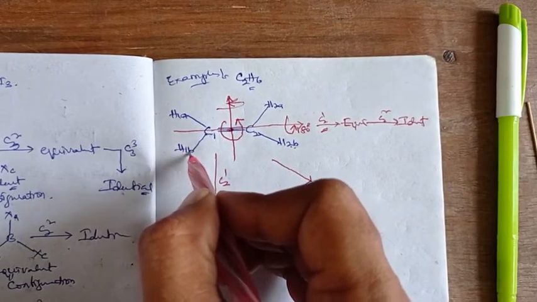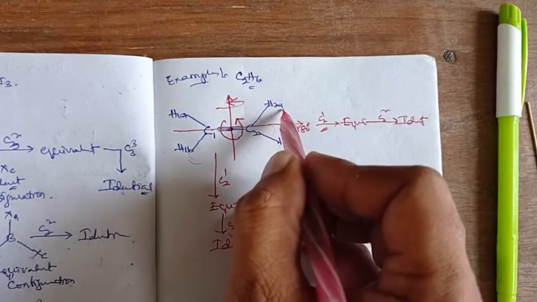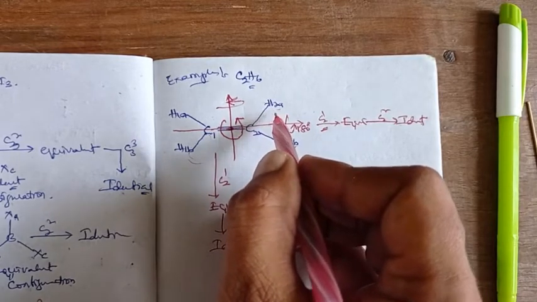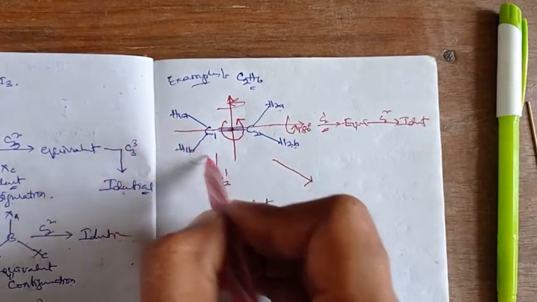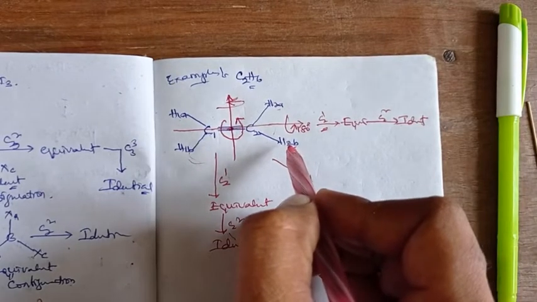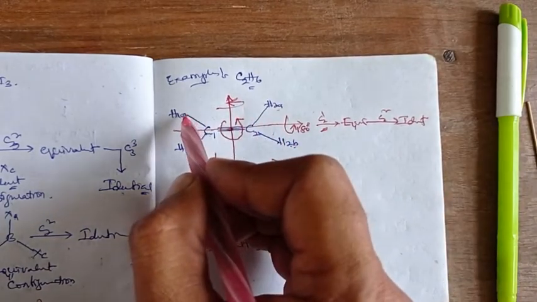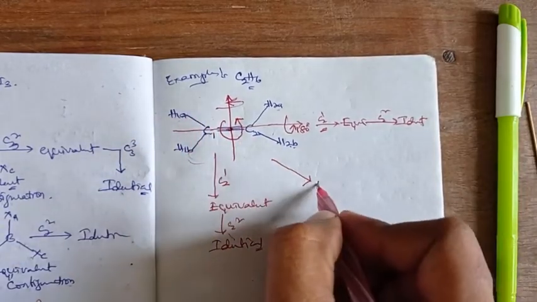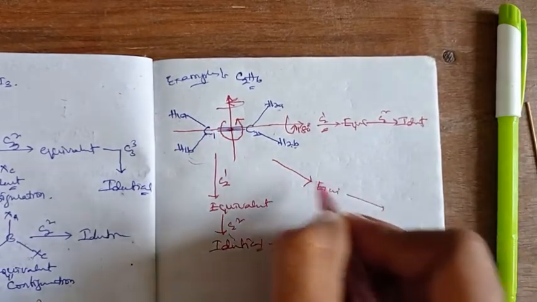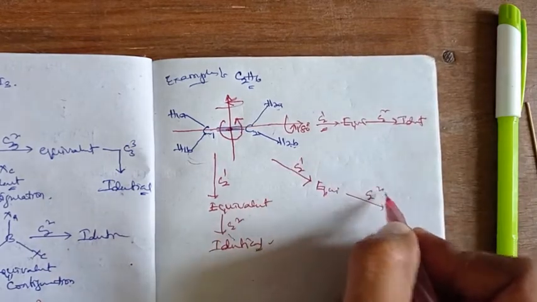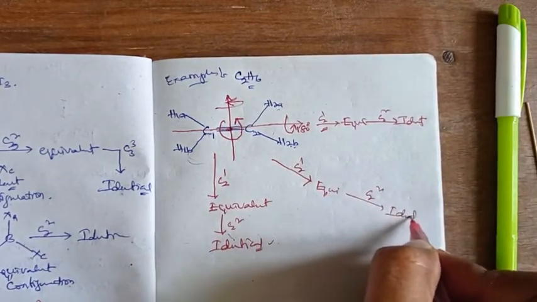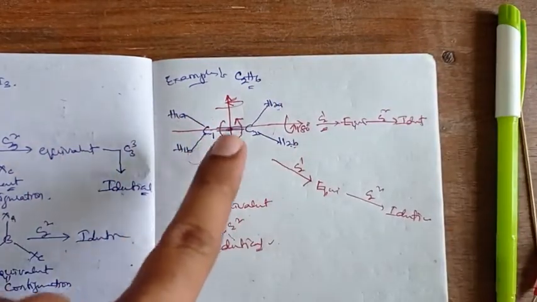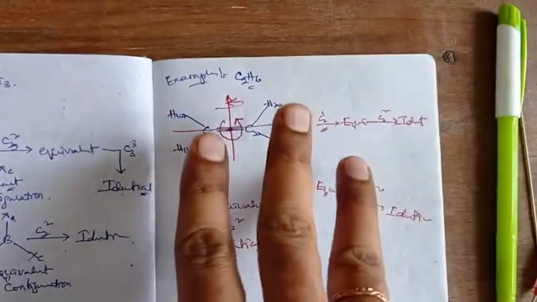Likewise, H1A is replaced by H2B, and H2B by H1A. Thus again an equivalent configuration. C2 the first time is equivalent, the second time identical. Like this, altogether in ethylene there are 3 C2 axes.